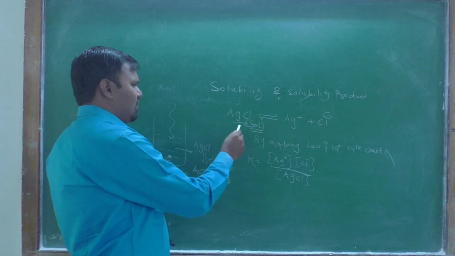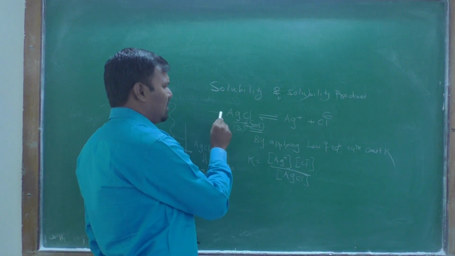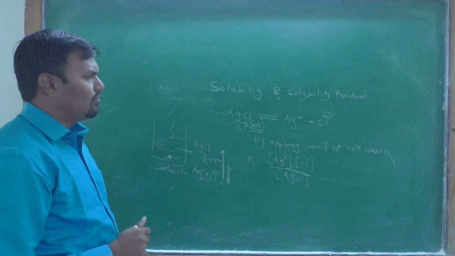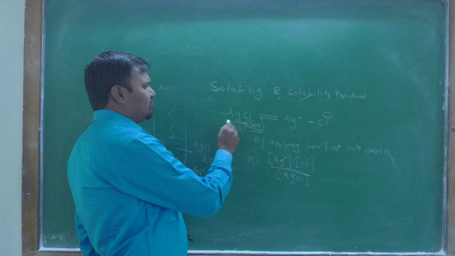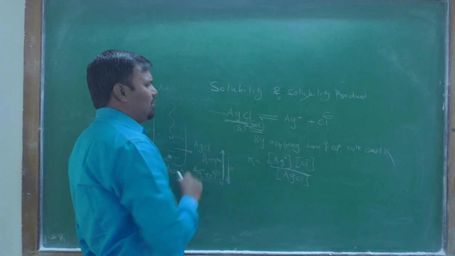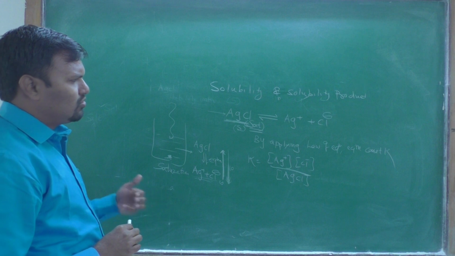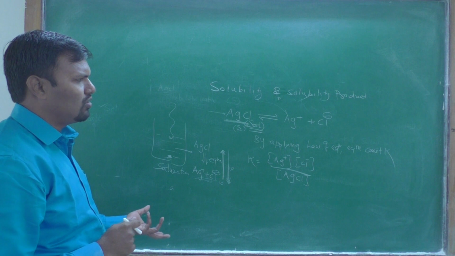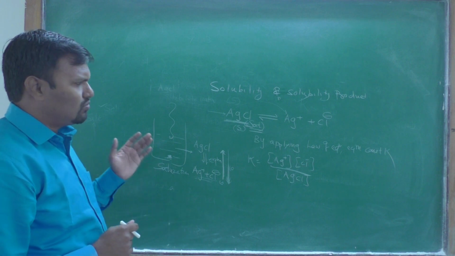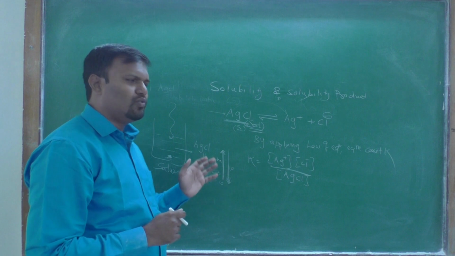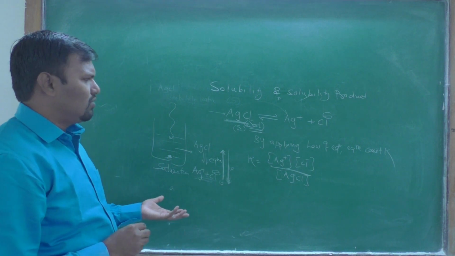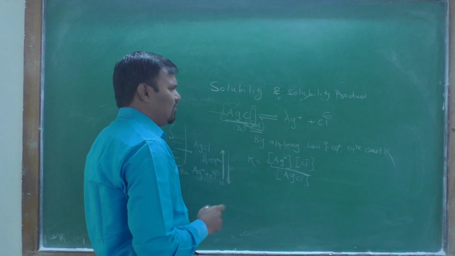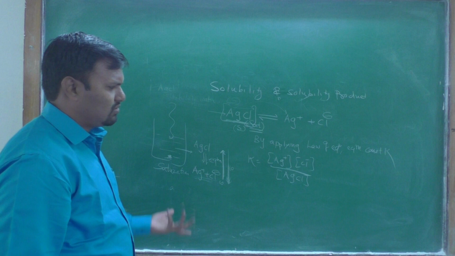The salt is solid, and this substance is sparingly soluble, so the quantity of AgCl is not much affected; at the saturation point it stops giving ions.